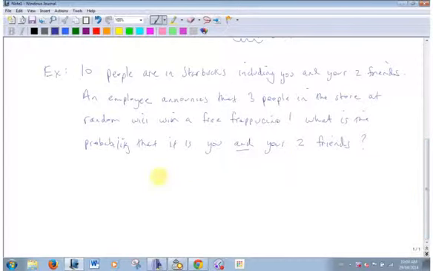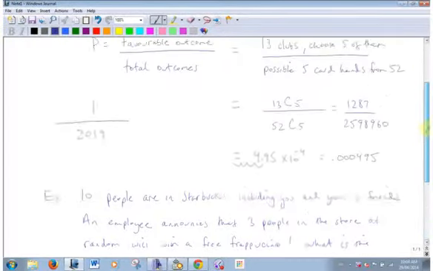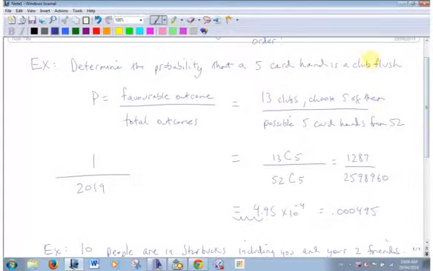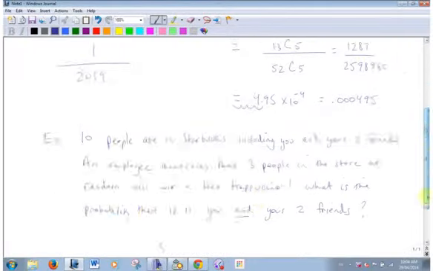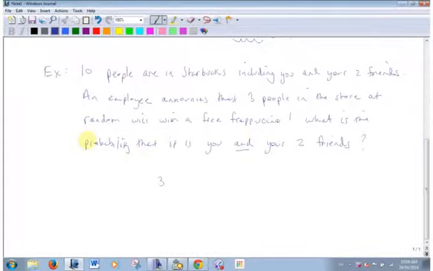So, before we looked at clubs, what portion of the total deck was clubs? 13. Well, what portion of the total people here are you and your friends? 3. And I want to choose, well, you would like it to be chosen, all 3 of you.